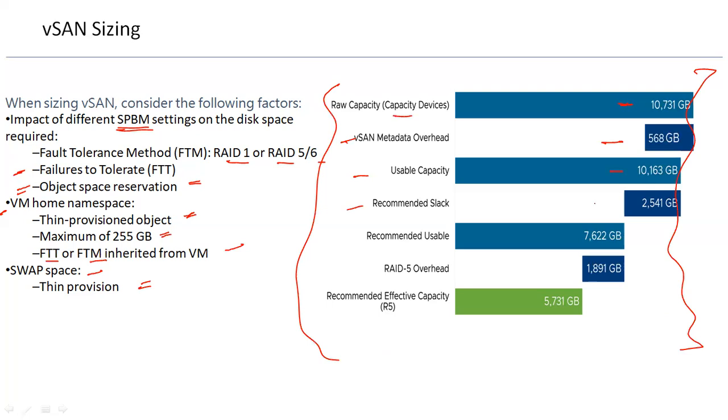Slack space is always used to handle failures. This is the recommended usable space, and then the extra RAID 5 overhead: when you implement RAID 5 in the policy, the extra overhead would be this, and this is the recommended effective capacity with RAID 5 FTT1 that you would get out of the 10 TB of space. So we have to be careful with the sizing when selecting the vSAN ready node in our environment. It matters, as you can use multiple types of policies in parallel.